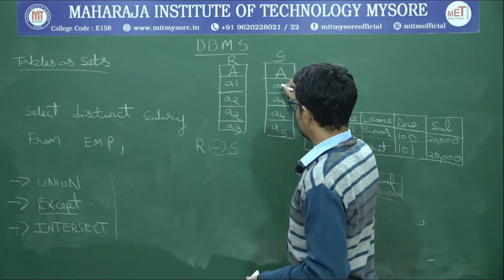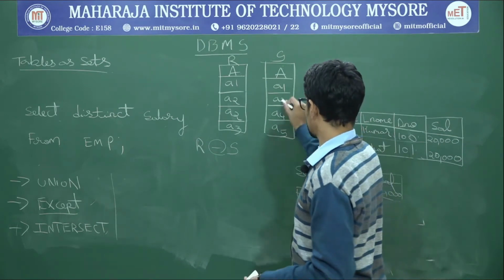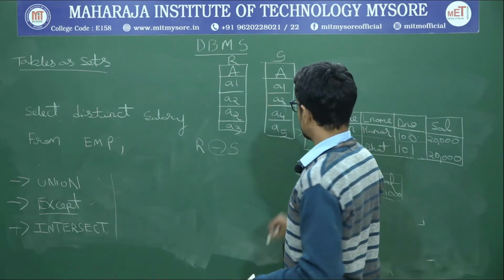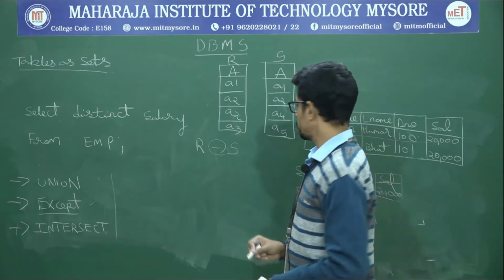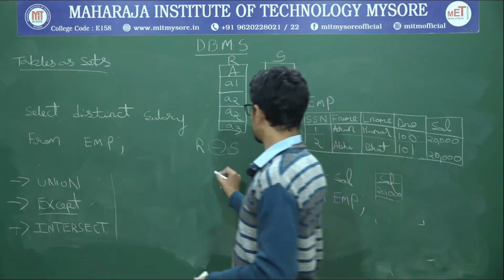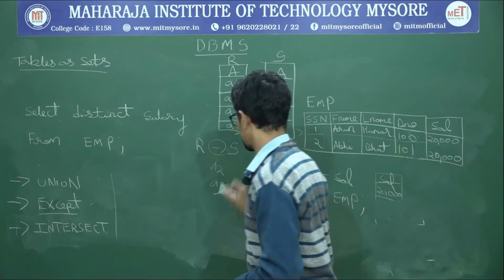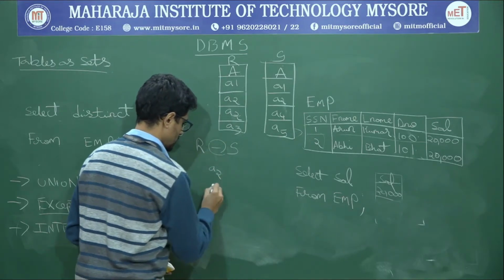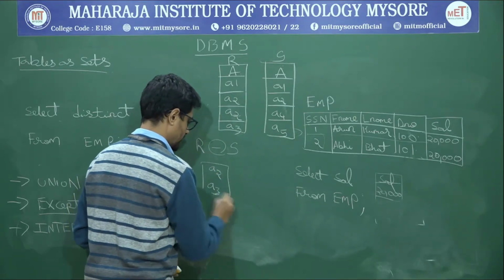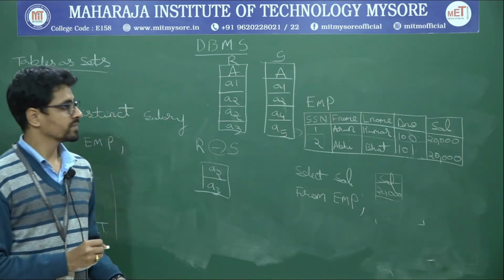Say for example, we have A1 here, remove A1 from R. A2 here, remove A2 from R. And there is one more A2, but we can't remove it because there is only one A2 which we can remove. A4 and A3. So the output will be A2, A3, after applying the except R minus S.